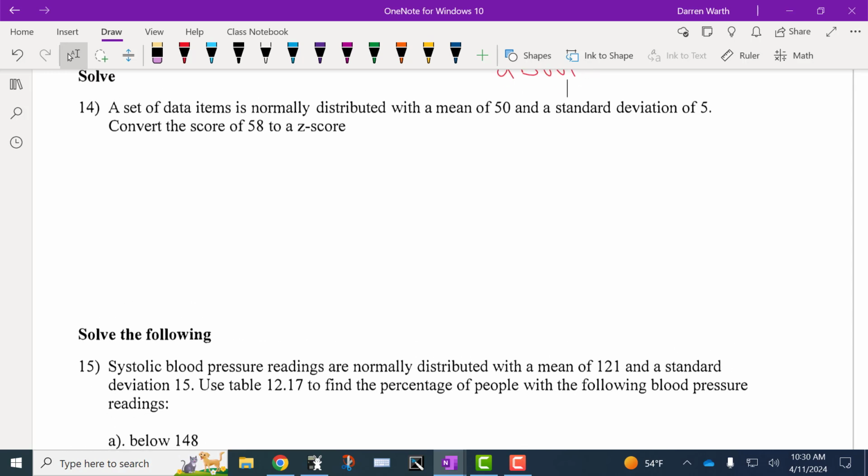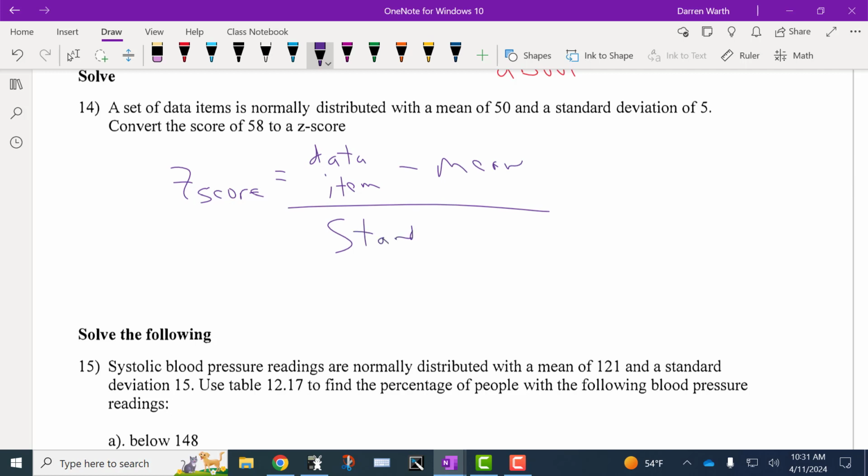The z-score formula off your formula sheet says the z-score is going to be equal to your data item minus the mean, all over the standard deviation.